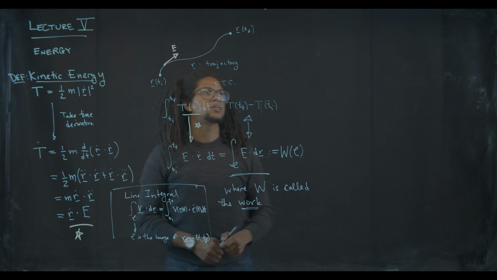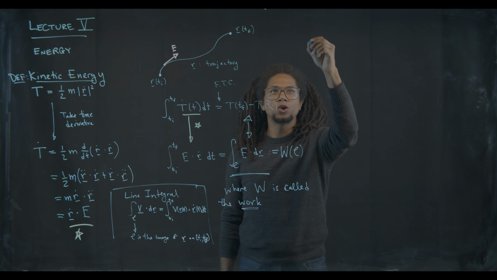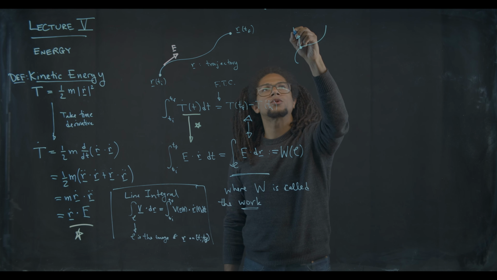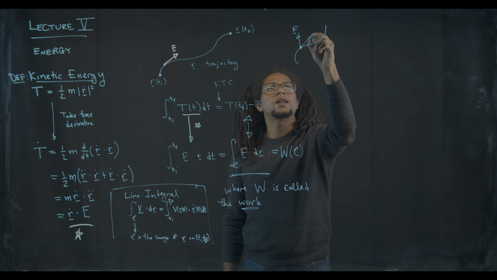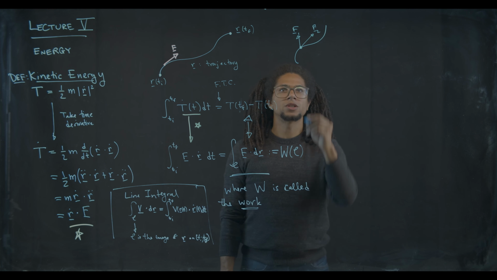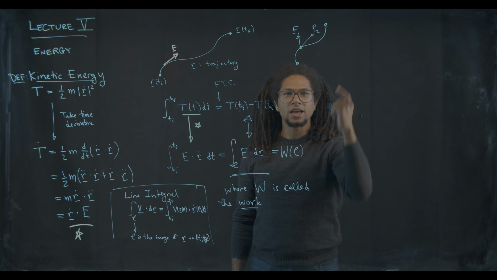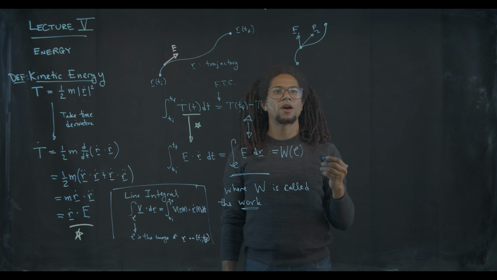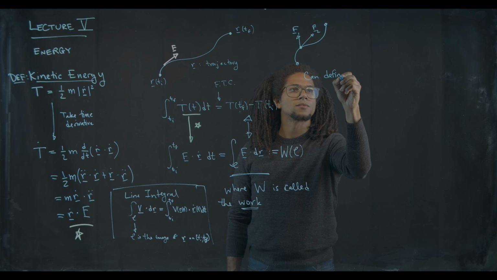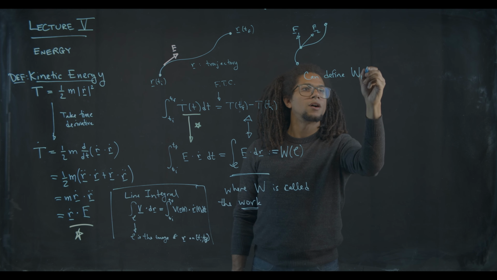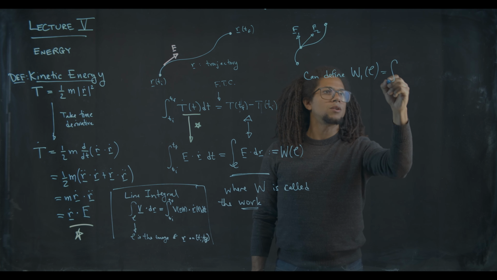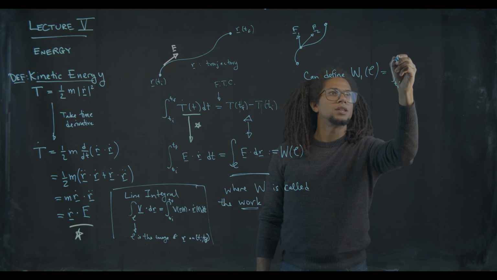Another thing that's very interesting about the work is that if I have an object that's subject to two different forces, let's say F1 and F2, even though both forces determine the motion, we can define the work on each of them. So I can define W1 on this path C to be equal to the integral from ti to tf.